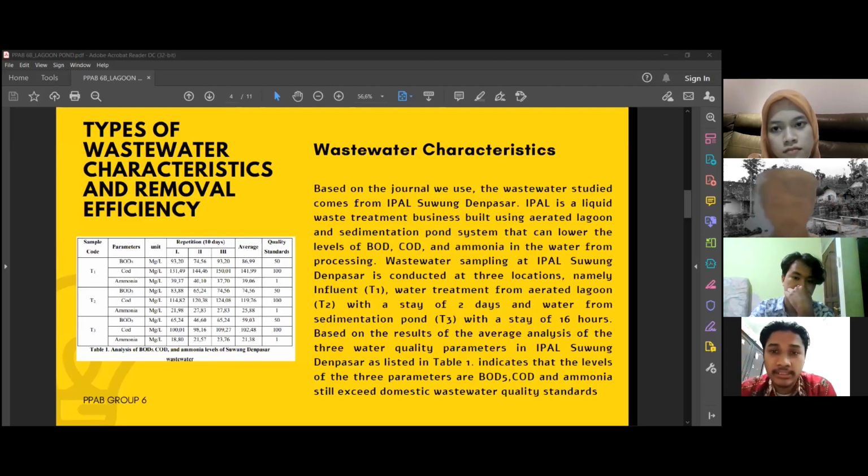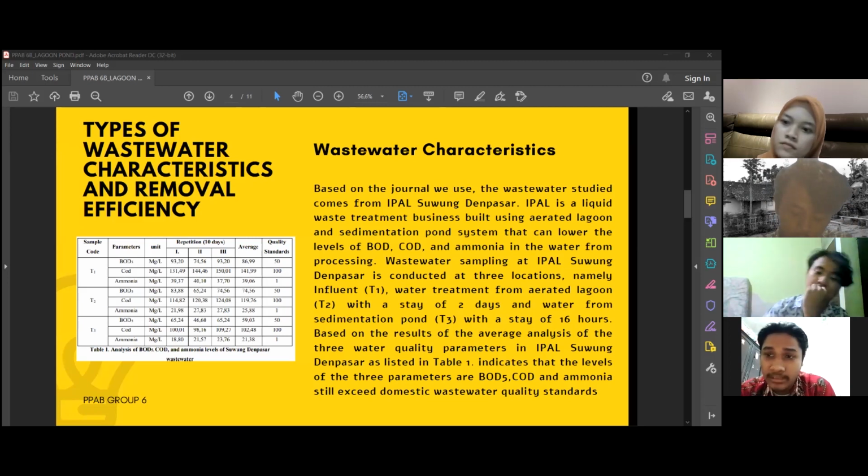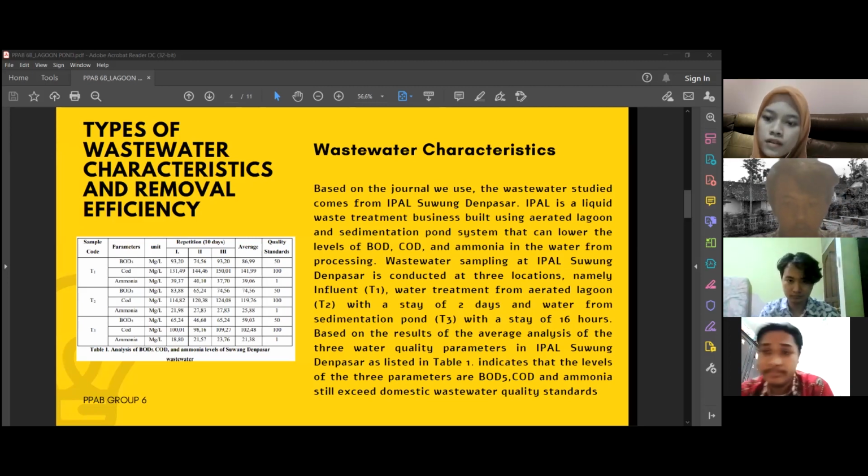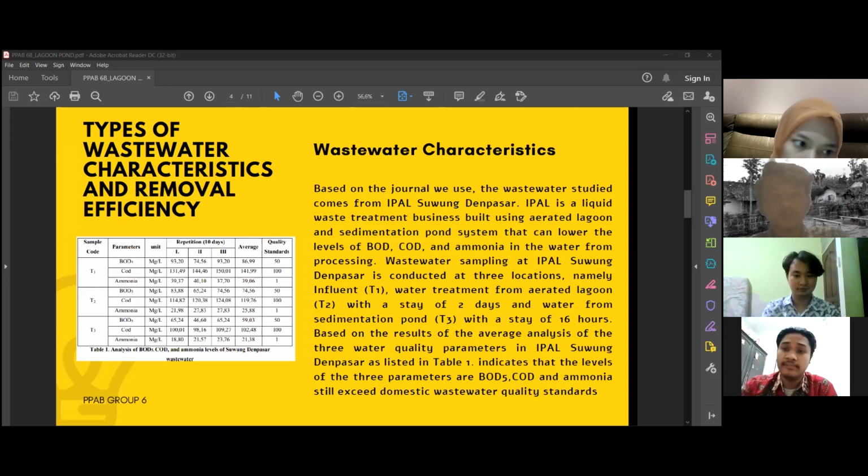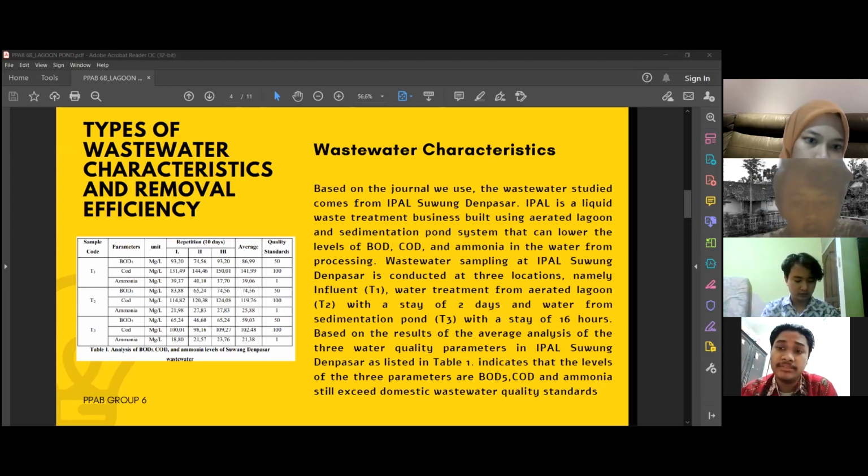Types of wastewater characteristic and removal efficiency. Wastewater characteristic based on the journal we use. The wastewater study comes from IPAL Sungai Denpasar. IPAL is a liquid wastewater treatment facility built using an aerated lagoon and sedimentation pond system that can lower the level of BOD, COD, and ammonia in water from processing.